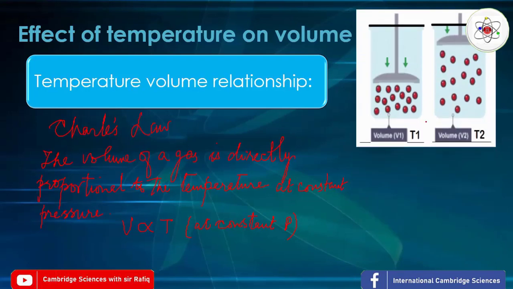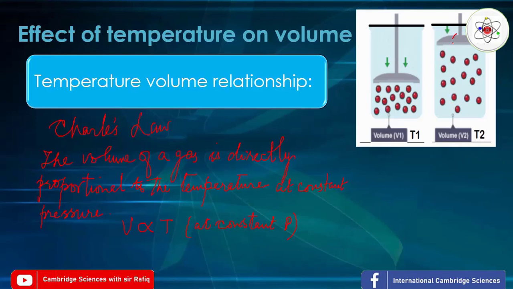Look at the diagram. Pressure we kept constant. These arrows are showing pressure, so we are not changing pressure, but what we are changing from T1 to T2 means we are changing temperature. So volume has been changed. There was less volume, and when we increased the temperature, volume also increased.